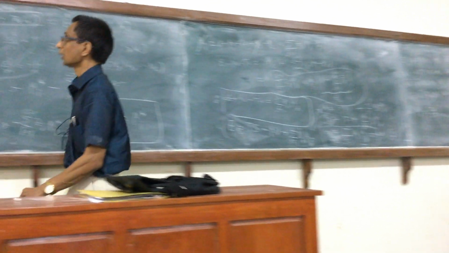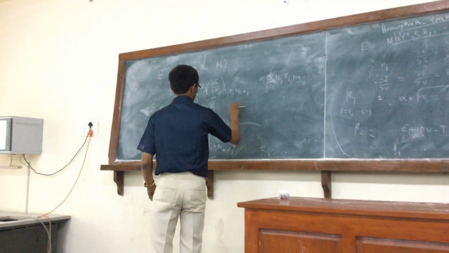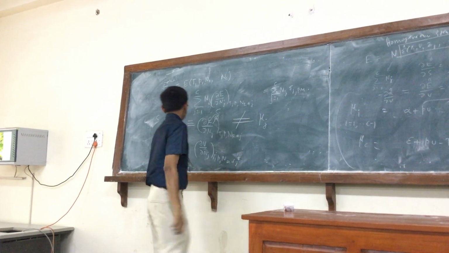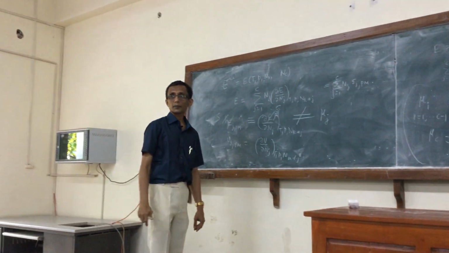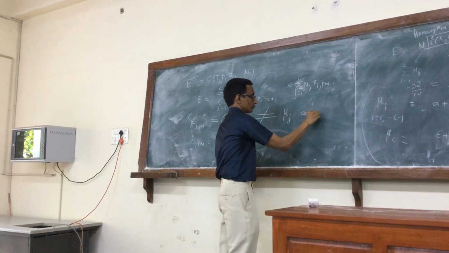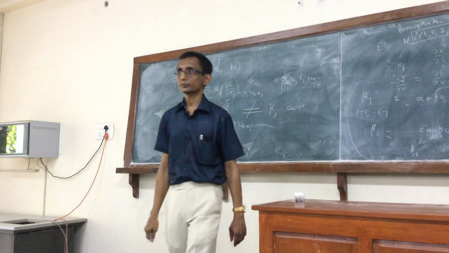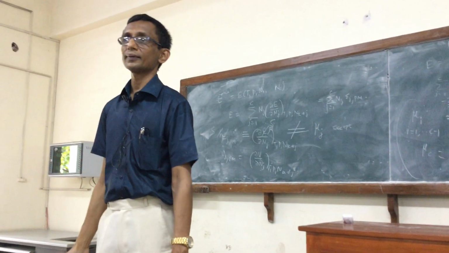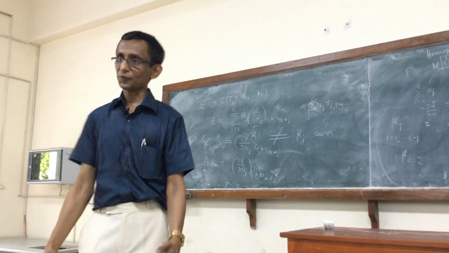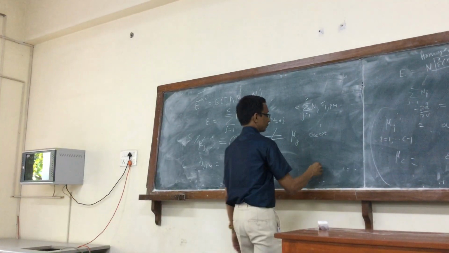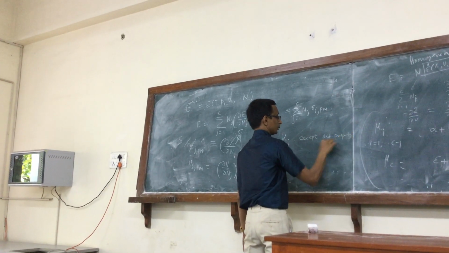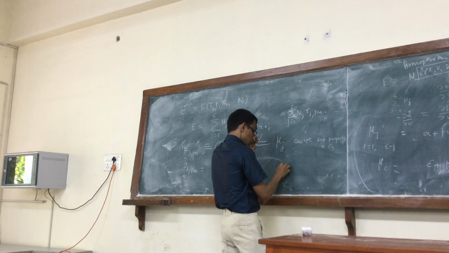The important thing to remember is that this is not equal to this, except when the extensive property is the Gibbs free energy. Except when the extensive property is equal to G.